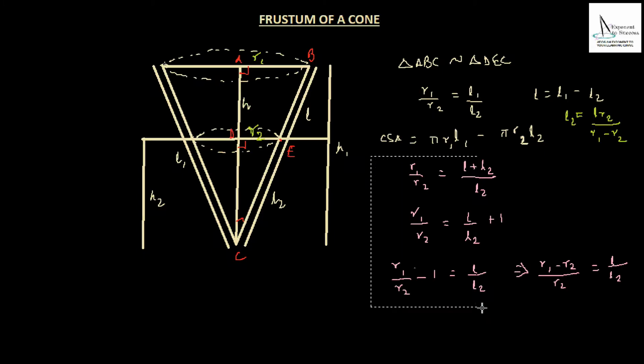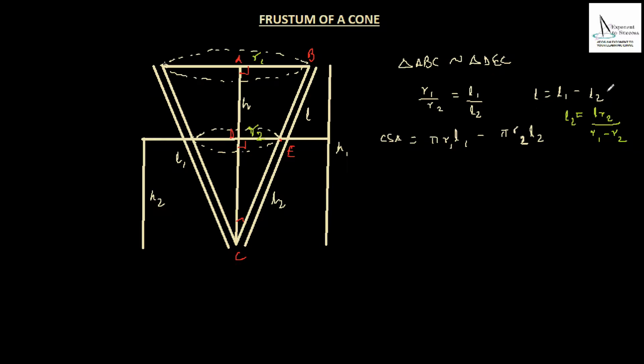So let me erase all of this and start again by looking at this equation here, where we'll now find the value of L1. We can take L2 to the other side, so L1 is going to be equal to L plus L2. Now in this, I'm going to substitute the value of L2 that we just found out.